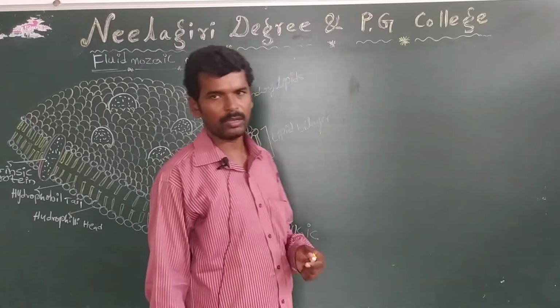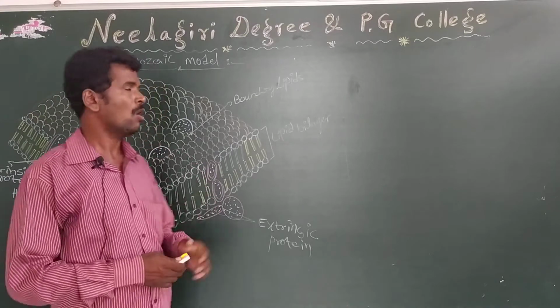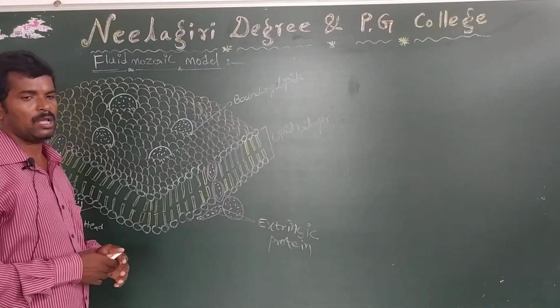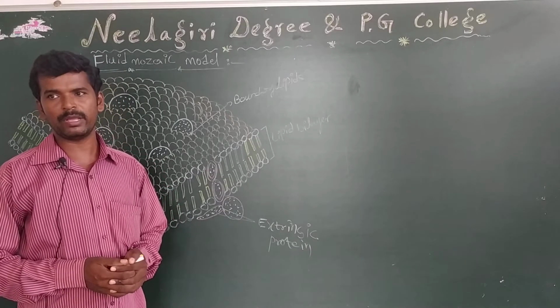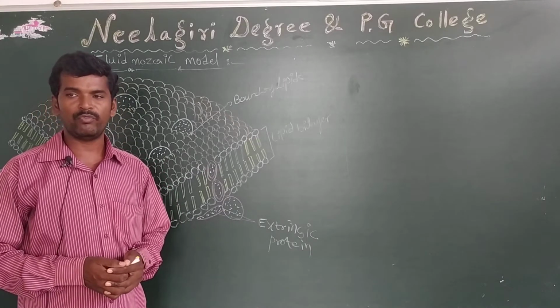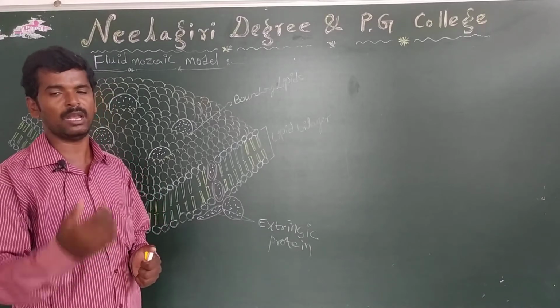Now today we are discussing another plasma membrane model, the fluid mosaic model. The last two models were rejected because of the way water enters the cell.